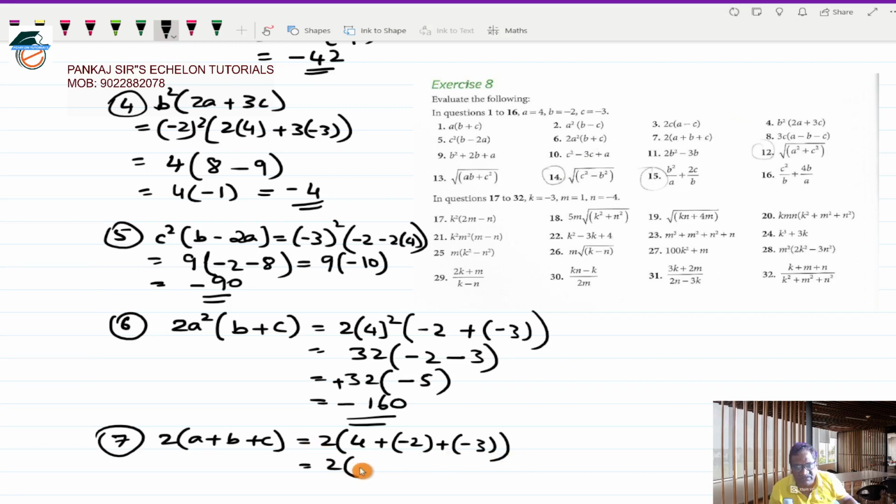So this will be 4 plus minus is minus 2 plus minus is minus 3. Okay. This will be equal to 2 times 4 minus 2 I'll first evaluate. 4 minus 2 will be 2 and then minus 3. This will be 2 times 2 minus 3 is minus 1 and final answer will be 2 into minus 1, minus 2. So the answer for the seventh one is minus 2, which is again correct.